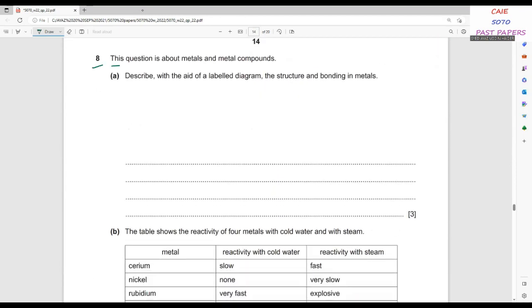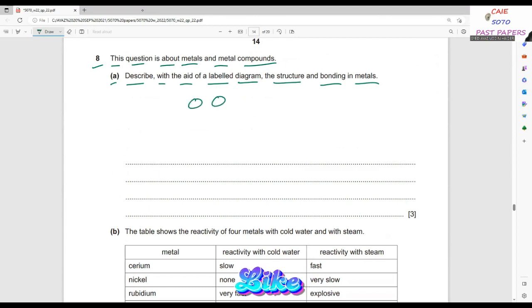Question number 8. This question is about metals and metal compounds. A. Describe with the aid of a labeled diagram the structure and bonding in metals. So you know the metallic bonding in metals. You have to show at least 3 layers. It will be like this: 1, 2, 3.